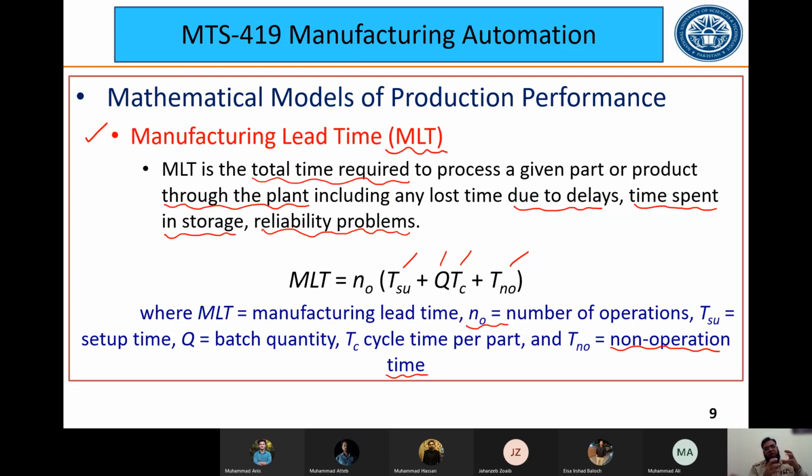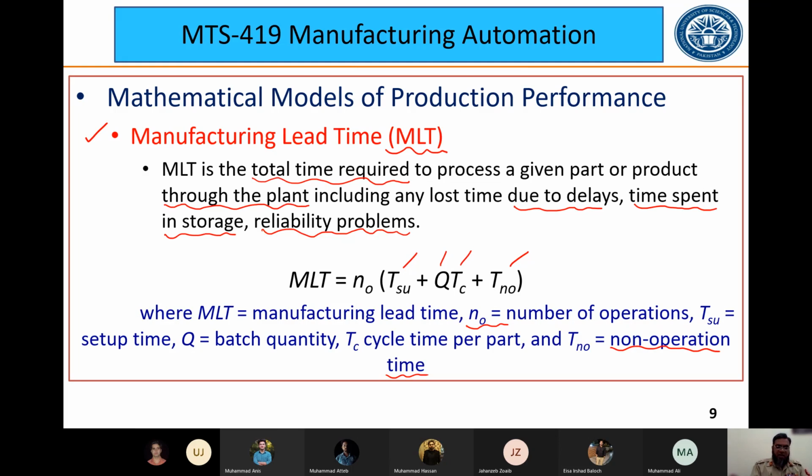So let us see, a raw material comes into a factory and the finished product goes out in 1 week. That 1 week is the manufacturing lead time of that product. That would include raw material movement into the facility and the processing being done on the raw material. Then if there are certain delays, any lost time, storage, or reliability issues, all these things will be included in the manufacturing lead time.